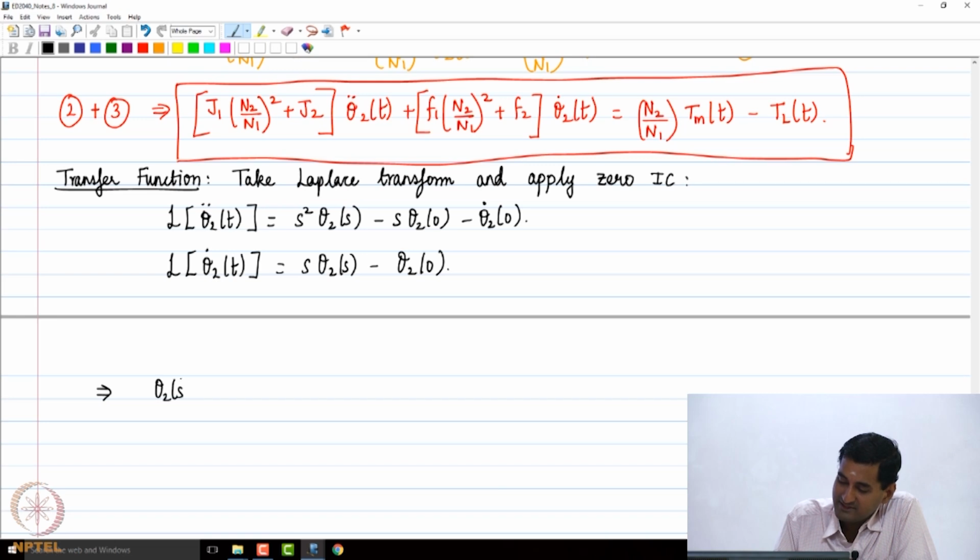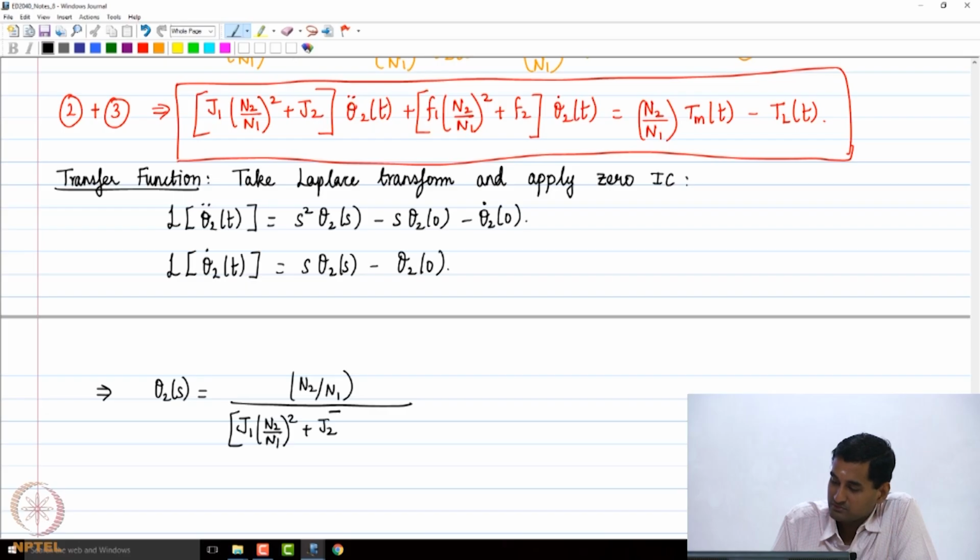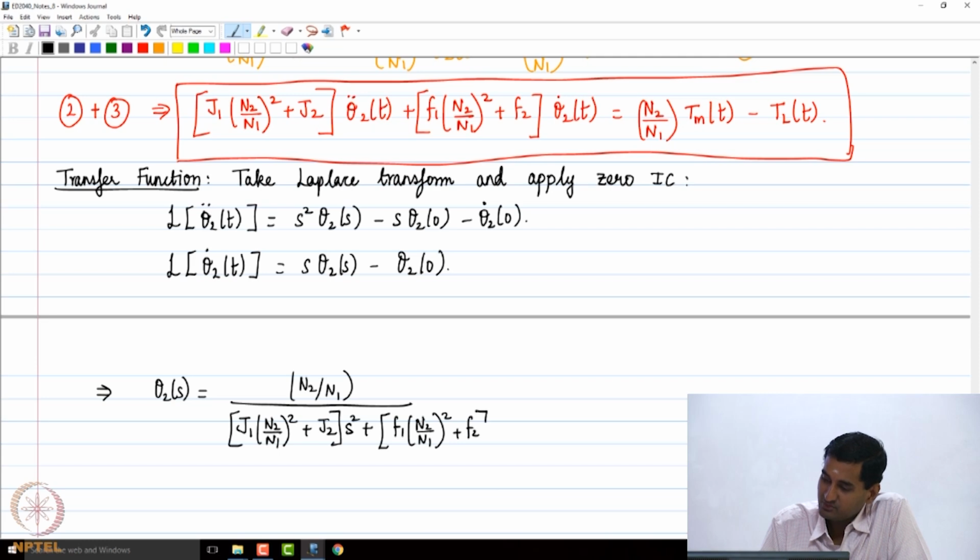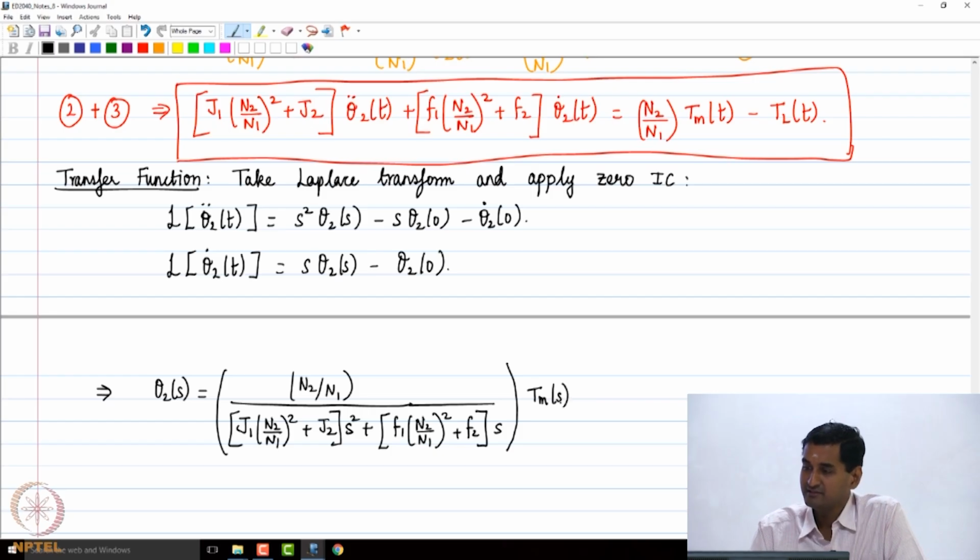Theta 2 of s is going to be N2 by N1, the whole thing divided by J1 times N2 by N1 whole square plus J2, times s square plus F1 times N2 by N1 whole square plus F2 times s. This multiplying Tm of s.